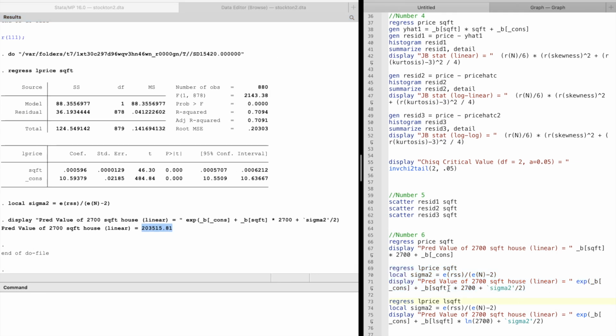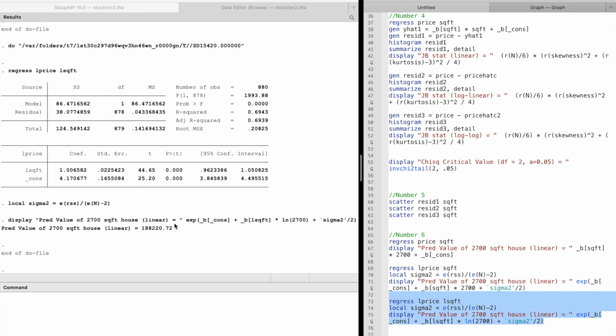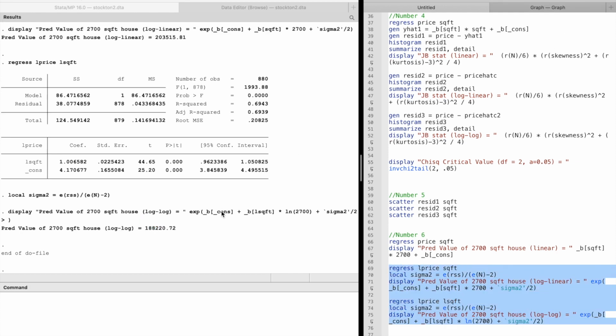And then run it down here. We get 188,220 for our log model. Okay, so those are our predicted values for a 2,700 square foot house.